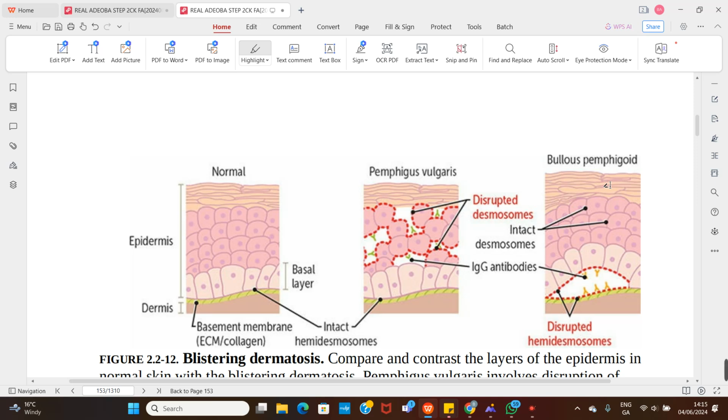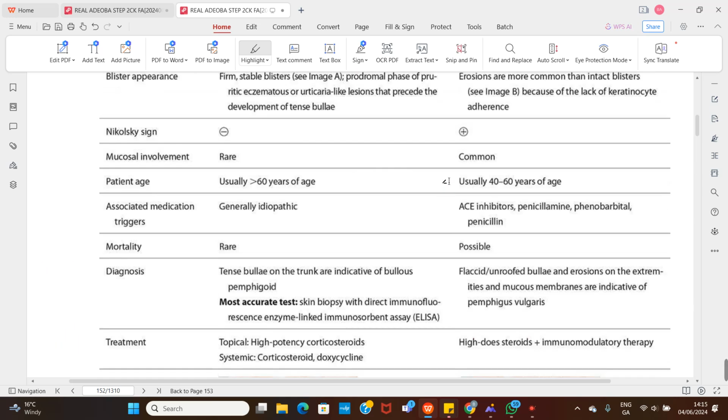So that means that you are going to have an intact basal layer, which is going to appear like a row of tombstones, right? Just like we have here. And you are going to be having your interspersed deposition of your autoantibodies, destroying the desmoglein attachment between the intraepidermal cells here. So they are going to have a reticular patterning on your immunofluorescence, but here is going to be linear patterning.